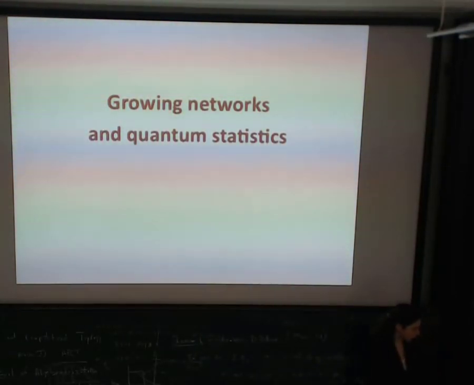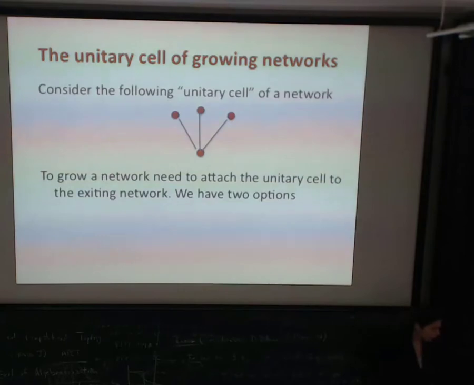So let me just tell you a bit, a kind of comment on these dynamics, and relating these dynamics to some property that maps this graph to quantum statistics. So in this model, the BA model can be seen as the addition to the network of a unitary cell, a bit like in a lattice.